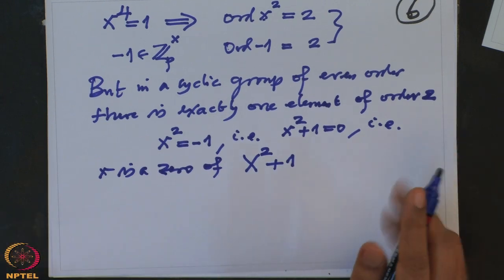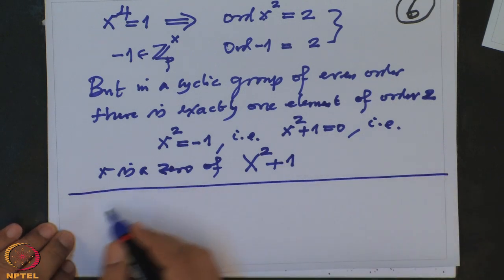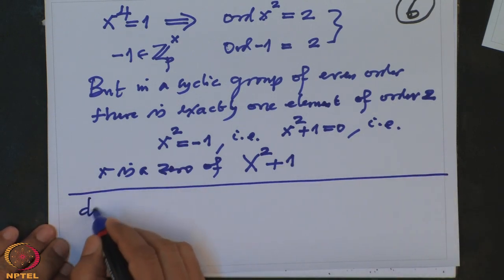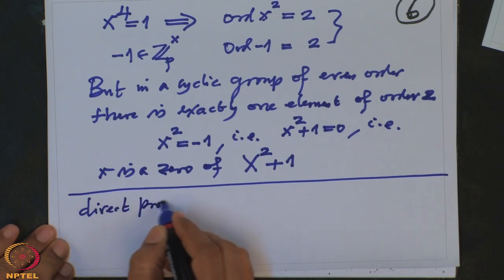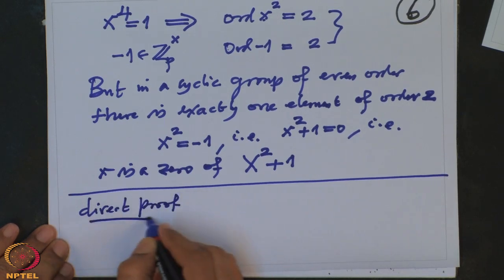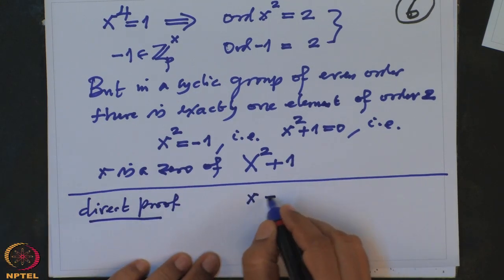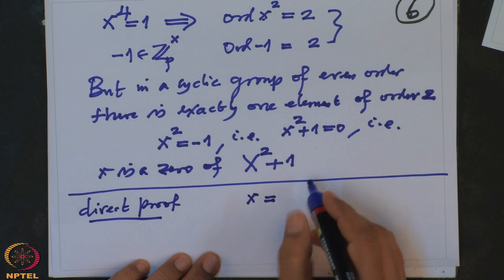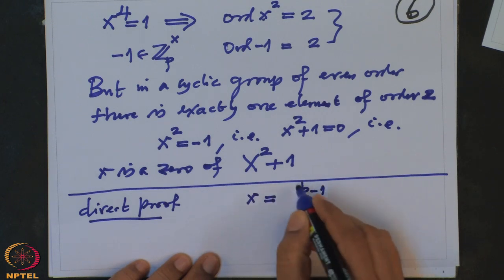So we finish this proof of this lemma, but this proof one can also directly see as follows. Direct proof. Look at x equal to p minus 1 by 2, this factorial.